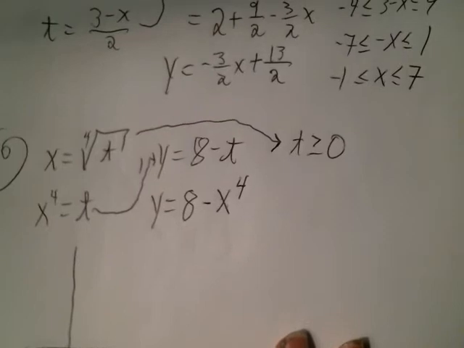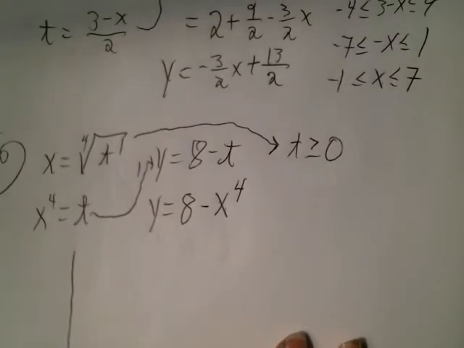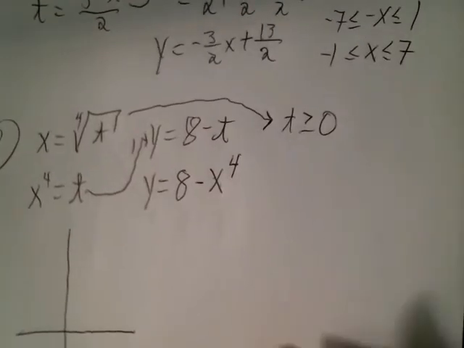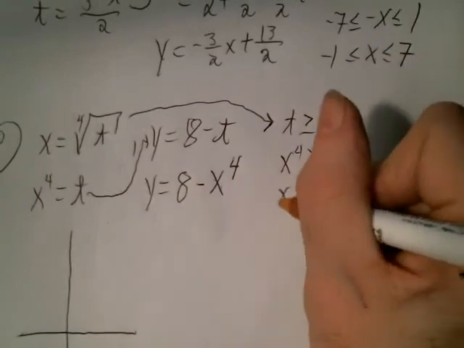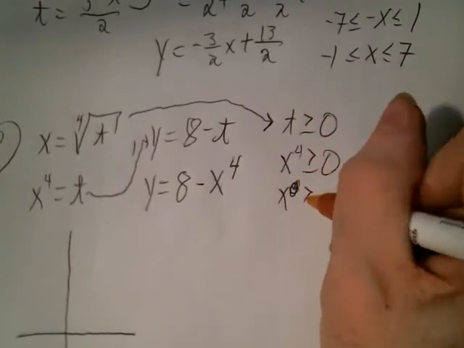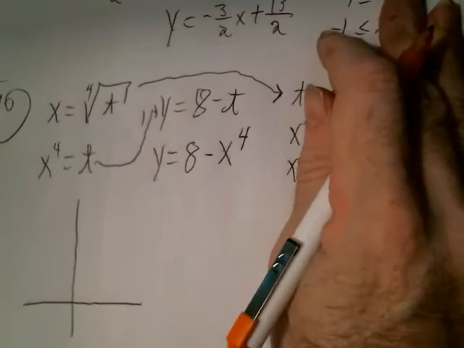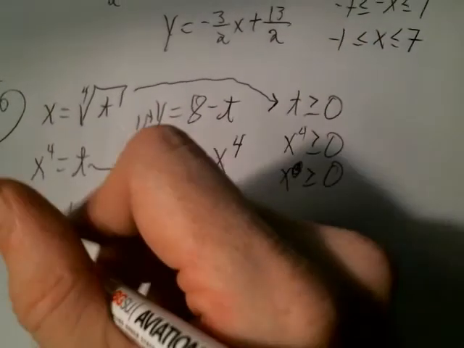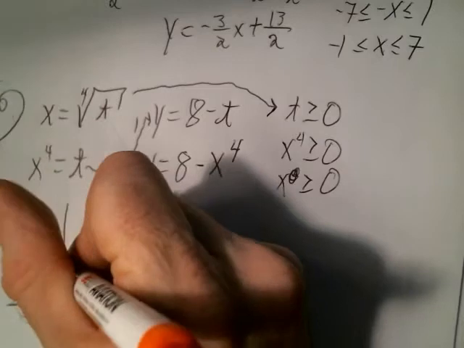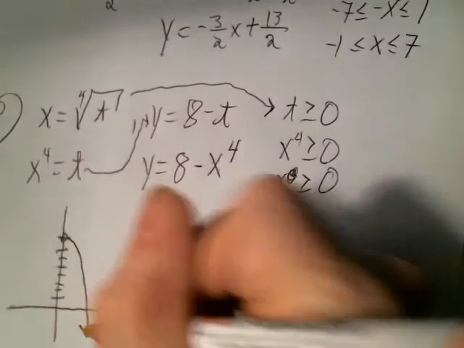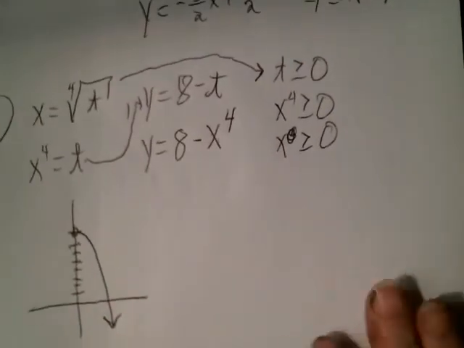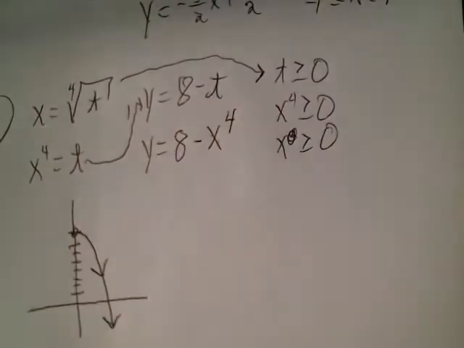So when t is 0, it's going to imply x needs to be greater than or equal to 0, right? So x to the fourth needs to be greater than or equal to 0. In other words, x just needs to be greater than or equal to 0. So anyways, it's flipped upside down and shifted up 8. So 1, 2, 3, 4, 5, 6, 7, 8. And it's a parabola type looking deal. And I believe the orientation is in this direction.